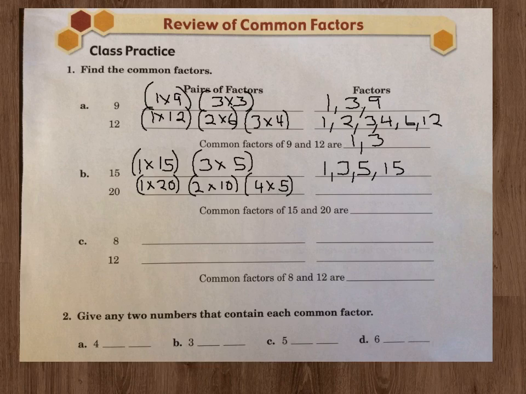And so our factors would be 1, 2, 4, 5, 10, and 20. And our common factors would be 1 and 5. And if I were to ask you what is the greatest common factor, the GCF, it would be 5.